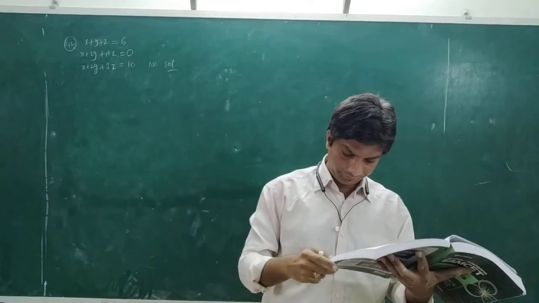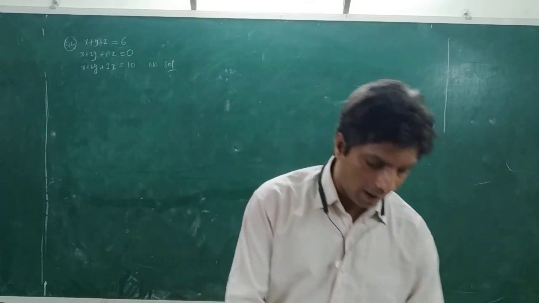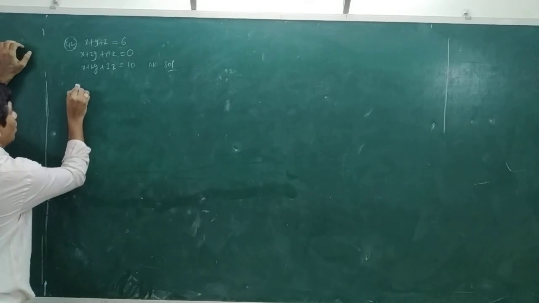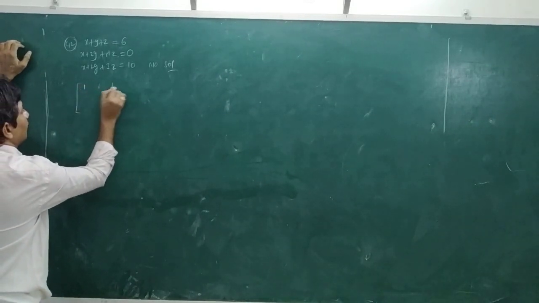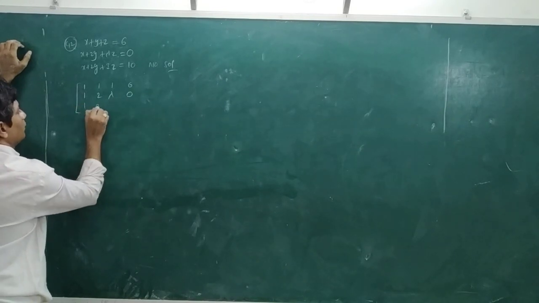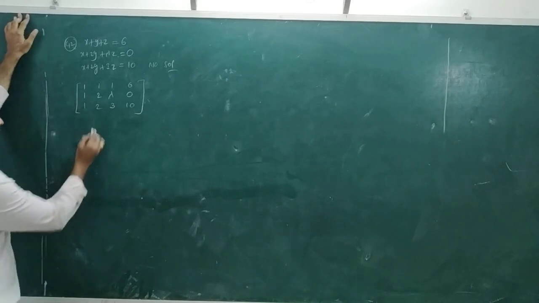Problem number 42. These three equations are given. For no solution, we have to find the value of lambda. Let us consider the augmented matrix: 1 1 1 6; 1 2 lambda 0; 1 2 3 10. Now I am going to convert this into echelon form.